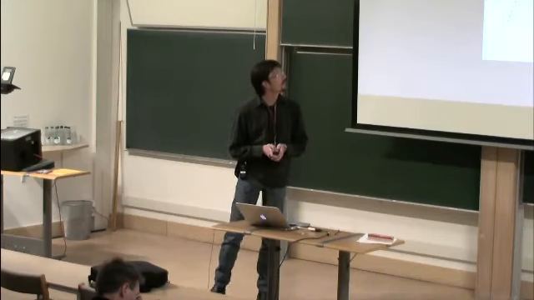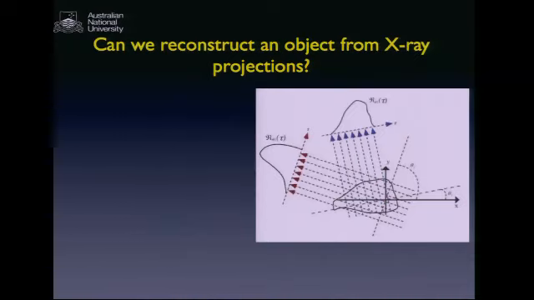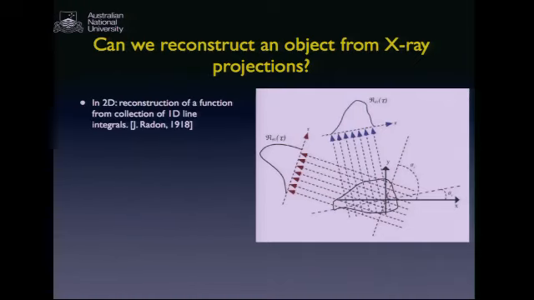Just to put this in a little bit of context, though it's been done before as well. In 2 dimensions, X-ray reconstruction is essentially the same as inverting the Radon transform.